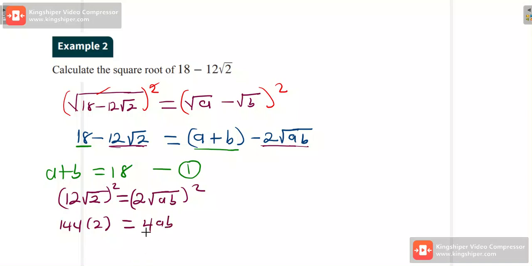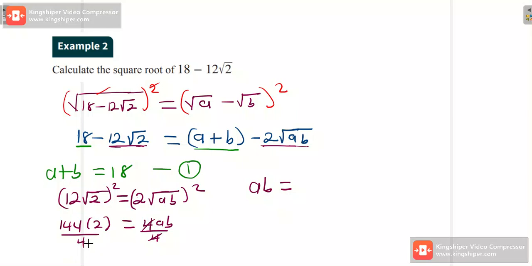Then from here, I can divide through by 4 on both sides. So 4 cancels 4, and I'm going to have AB equal to 2 goes into 4 2 times, and 2 will go into 144.